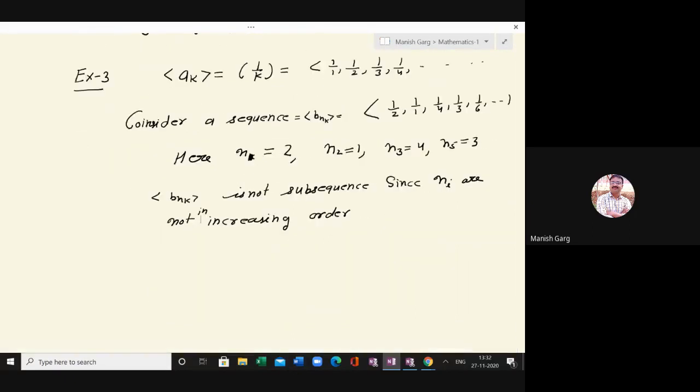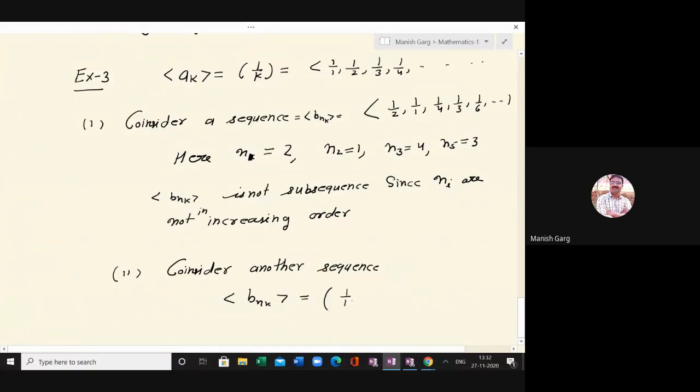Now consider another sequence, sorry, not subsequence. Suppose this is, you can write again, Bn. Whatever, this is only a symbol.